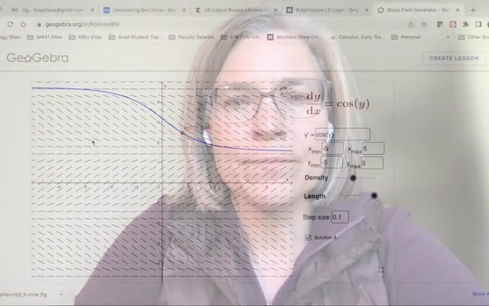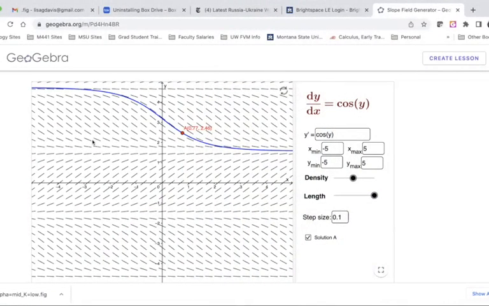Let me show you the GeoGebra version of the direction field so I can explain the details of this example. If you follow the link that's on D2L, you can find this little applet online. When you first show up at the page, it's going to look like this.